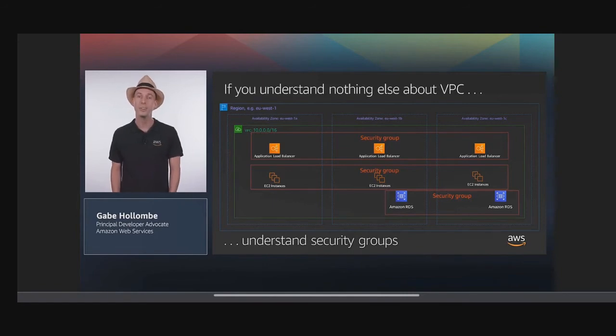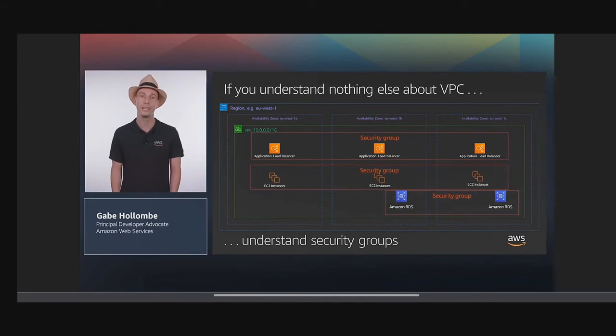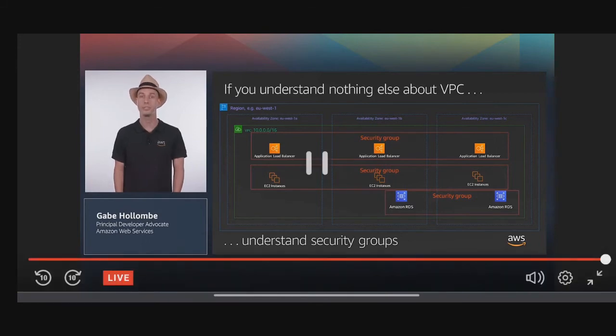As you can see here in our example application, we have three clear groups of resources: the load balancer, the app servers, and the database servers. And each of these groups has very different rules for the kind of traffic it's expecting to handle. We implement these rules inside of our security groups.